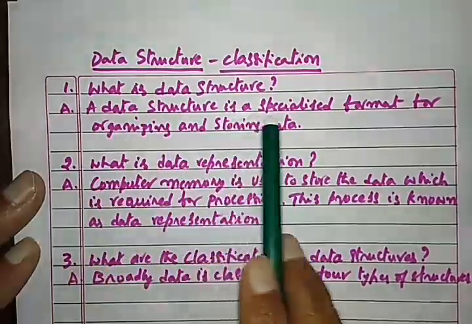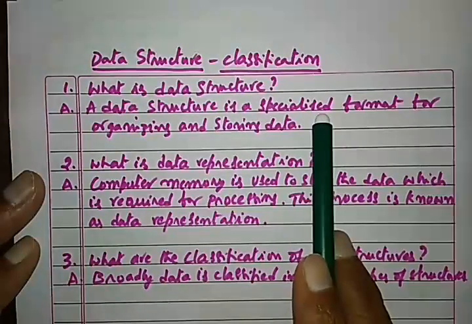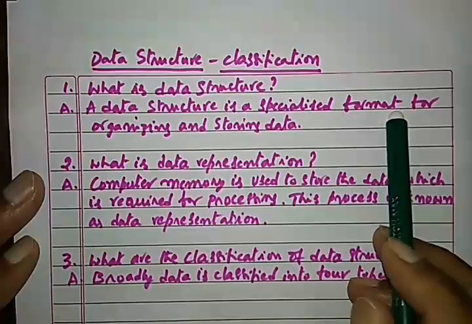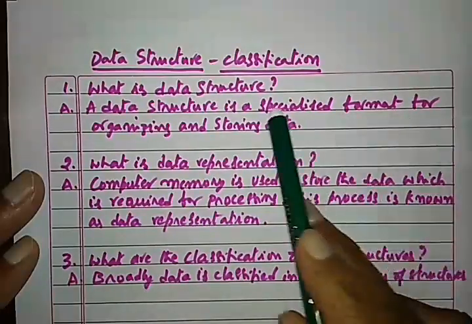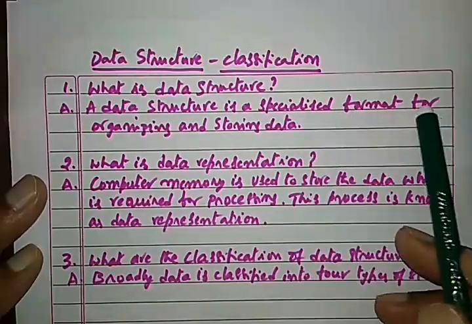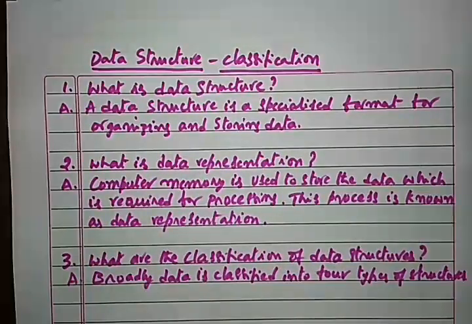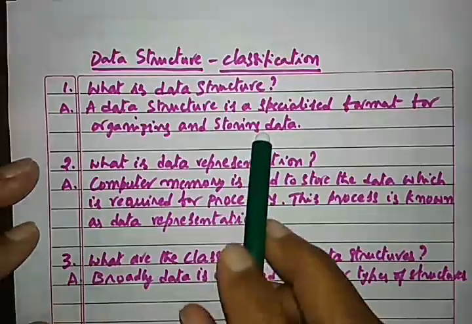So data structure is a specified format, meaning some rules and regulations are given. It has got its own format and it has got some rules for organizing and storing. Organizing means how you arrange and how you store it.